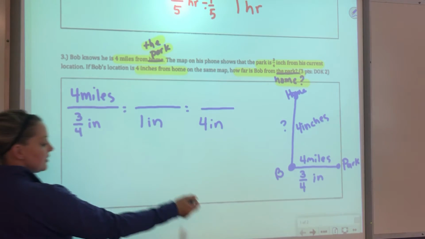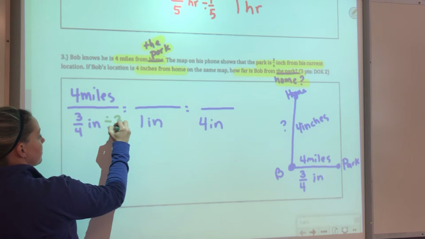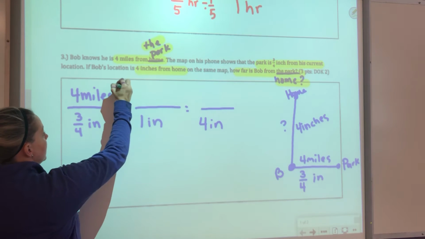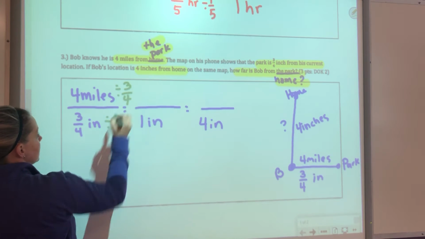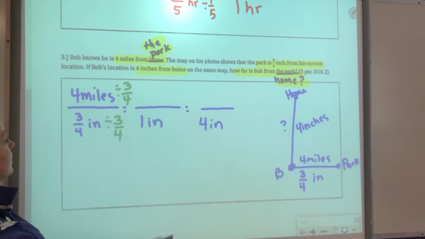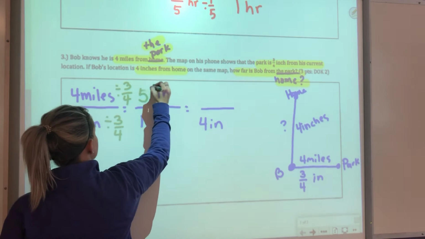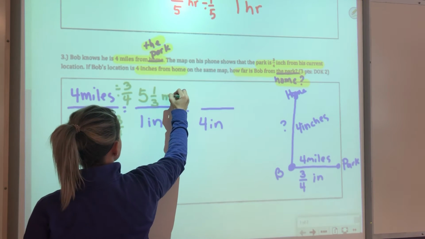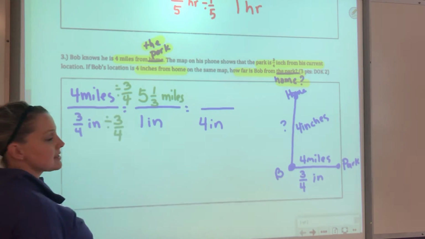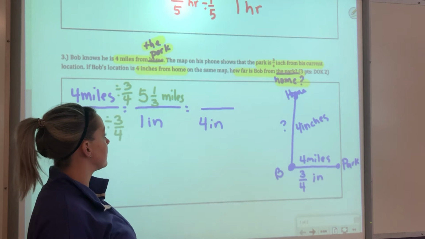To get from 3/4 of an inch to 1 inch, I divide by 3/4 in my denominator, and I also divide by 3/4 in my numerator. 3/4 divided by 3/4 gives me 1. 4 miles divided by 3/4 gives me 5 1/3 miles. So that means on my map that 1 inch corresponds with 5 1/3 miles.